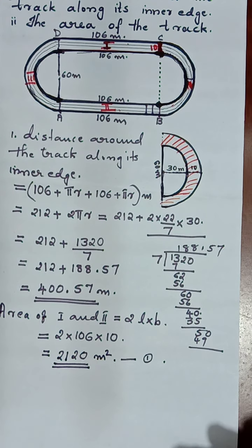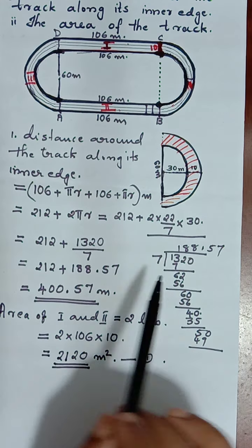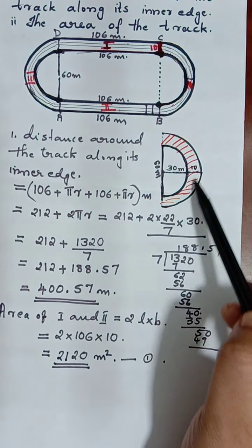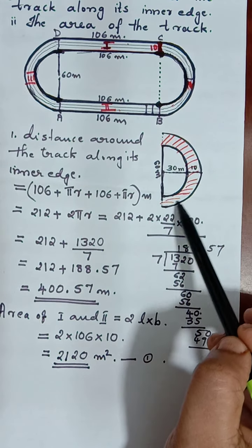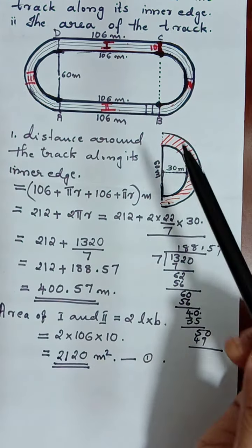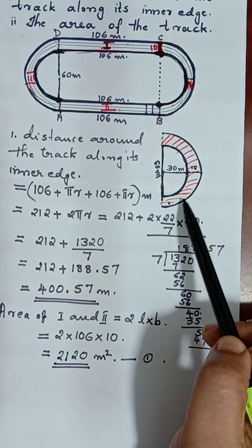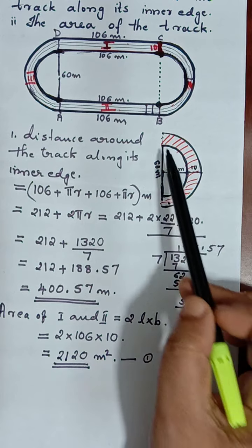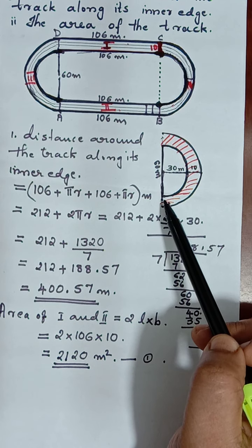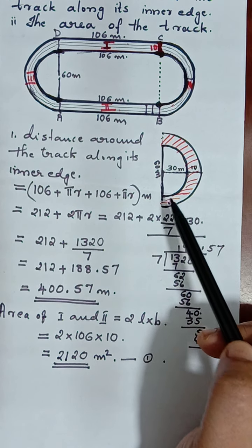Now we find the area of 3 and 4. This is the fourth area, and similarly we have the third area. How do we get this area? The area of the outer semicircular portion minus the area of the inner semicircular portion, into 2.